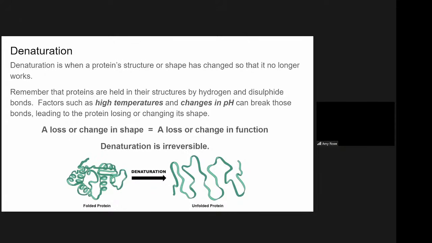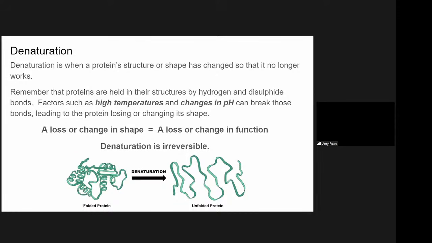So denaturation is when a protein structure or shape has changed so that it no longer works. If you've ever cooked an egg and you've seen egg white go from that slippery clear egg white to white and firm, you have seen protein denaturation. So it's where the structure or shape of the protein has changed and it no longer has the same shape and no longer has the same function.